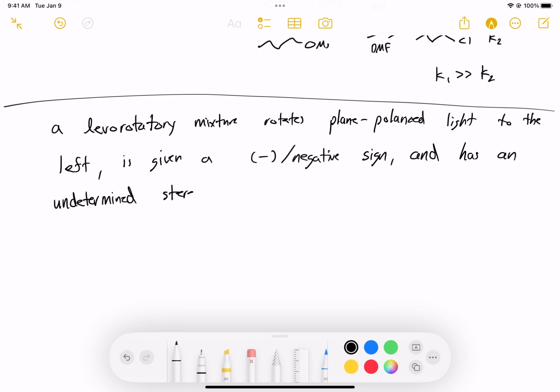So we can't actually assign R and S. So we can't assign R and S to levorotatory and dextrorotatory. We can't assign R and S to plus or minus based on if it's a plus isomer or a minus isomer. We actually have to go in and assign it ourselves based on the crystal structure. So we can't assign it arbitrarily like that. All right, so let's see what else we should go over here.